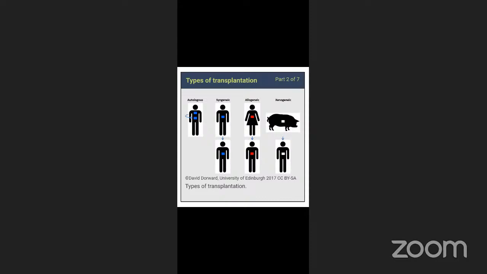Now I would like to talk about transplantation rejection. What exactly is transplantation rejection? I will show one image for you. The term itself indicates rejection.